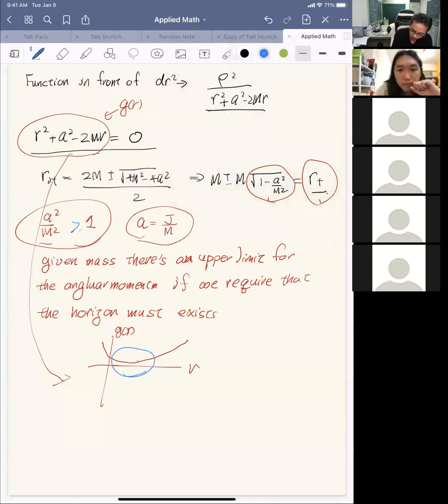So if we require that the horizon must exist, then you should observe that this is always smaller than or equal to 1. And when a squared over m squared is equal to 1, that corresponds to what we call extremal black holes.